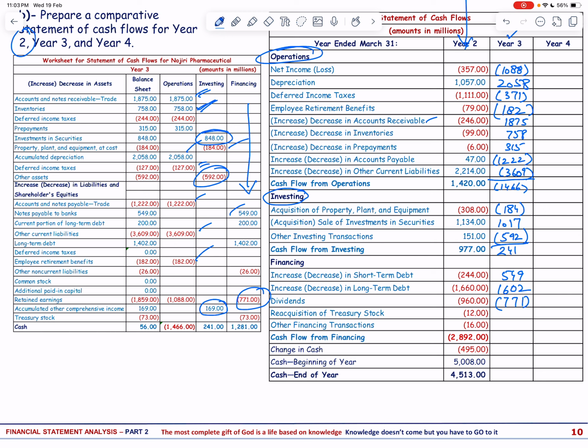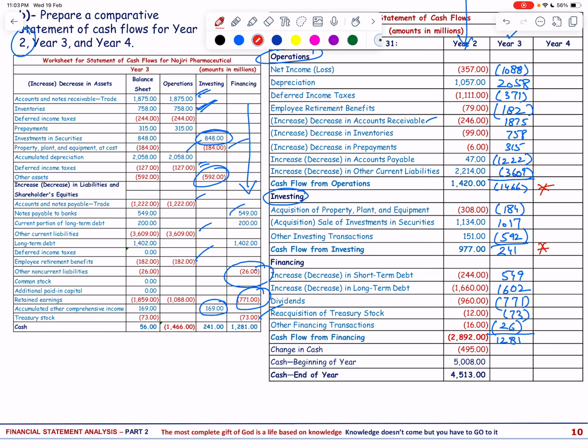Then we have the reacquisition of the treasury stock, and that is 73. And then finally we have the other financing transactions, and they are for 26 in brackets. So once again we make a total, and the total is 1281.